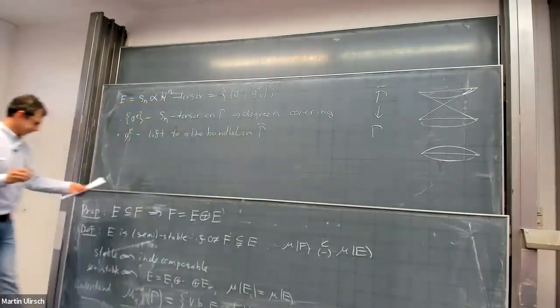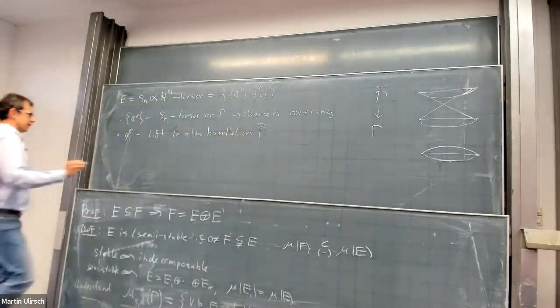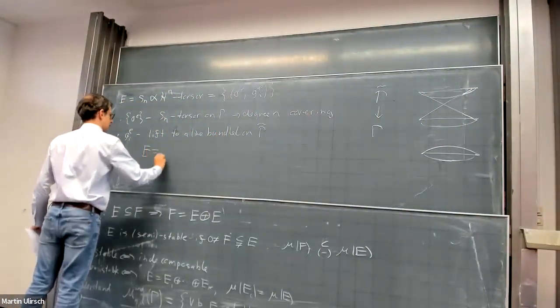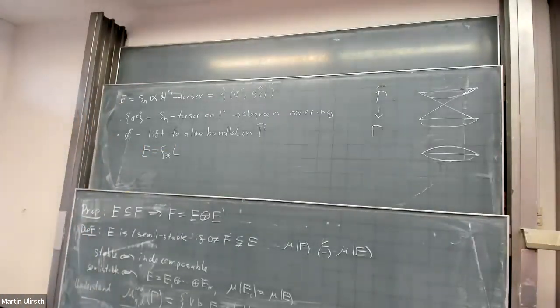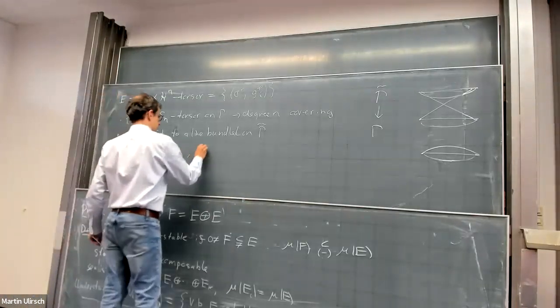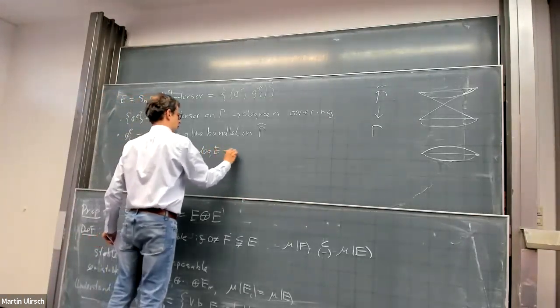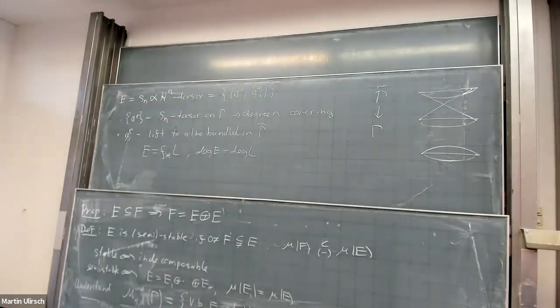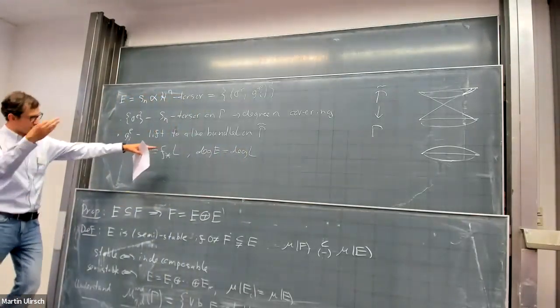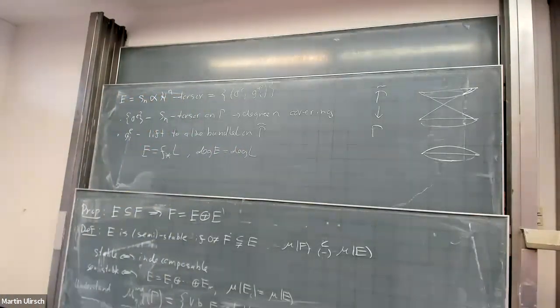Call it L. And then in a way that can be made precise, your vector bundle is just the push forward of this line bundle. So every tropical vector bundle on a metric graph is the push forward of a line bundle. The degree of E is the degree of L. Then the equivalence here corresponds to equivalence here modulo automorphisms of the cover.